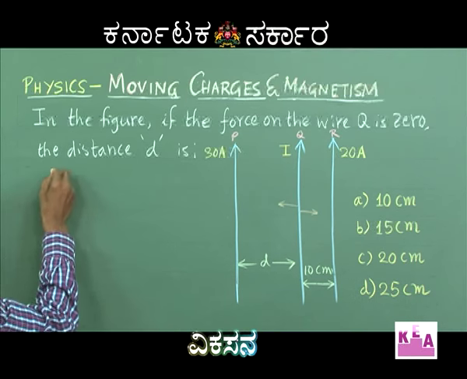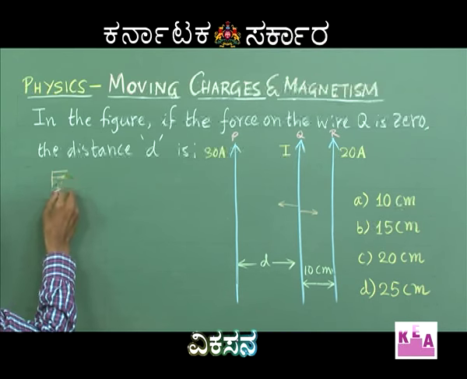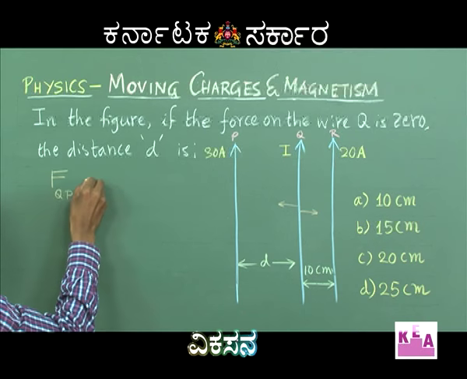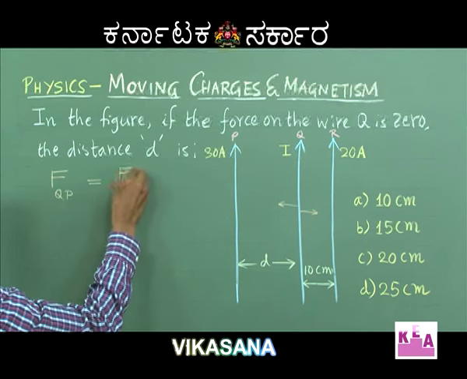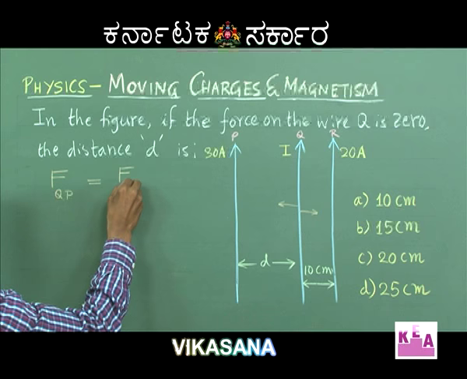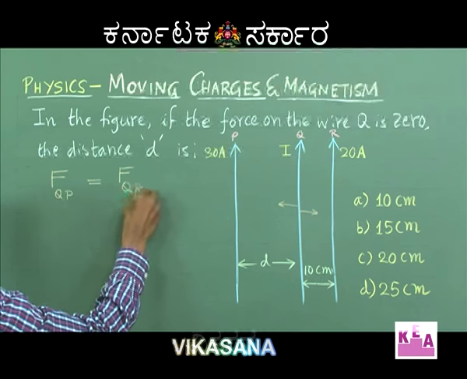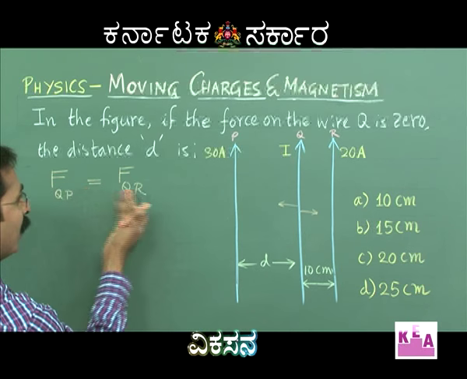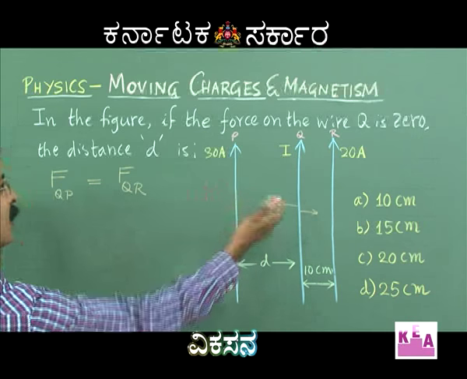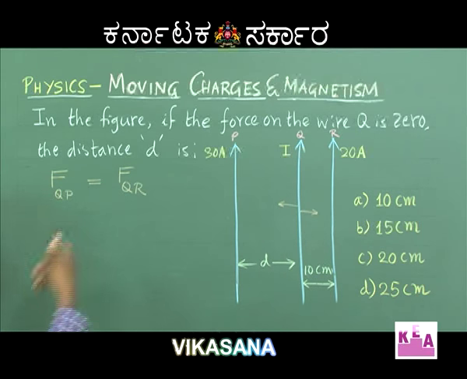That is, force on Q due to P is exactly equal to force on Q due to R. If they are equal, anyhow they are opposite, the net force acting on wire Q becomes 0.